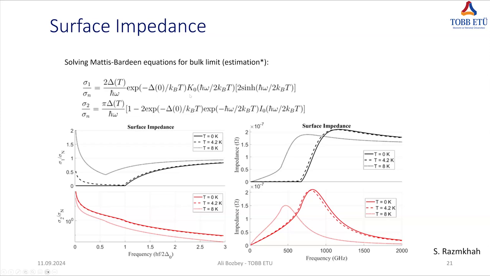The difference between a superconducting transmission line and a normal transmission line is that we should include the surface impedance when we design an RF device using superconducting materials. Since there is no surface impedance model in the available tools, we can use the Mattis-Bardeen equations that estimate the surface impedance of superconducting thin films, and then use these equations as a boundary condition in, for example, HFSS or CST.